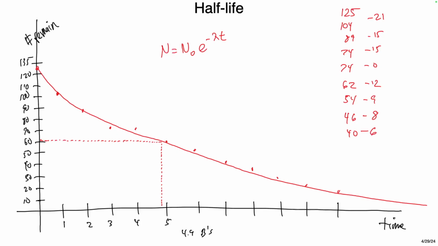That is how long it took for this radioactive sample of polonium to lose half of the amount that it started with. If we let another half-life elapse, first of all, how long is that half-life going to be?